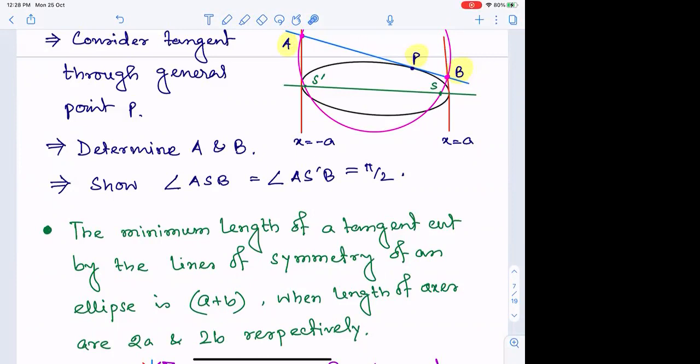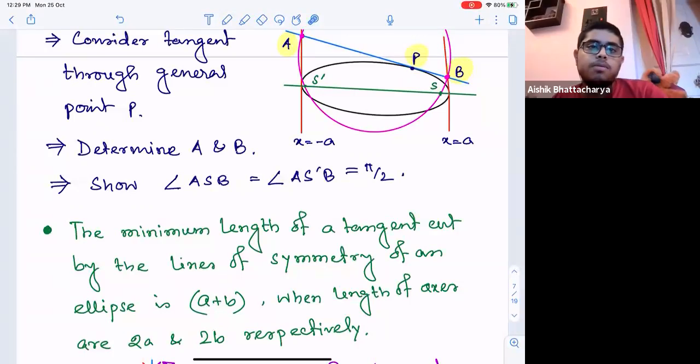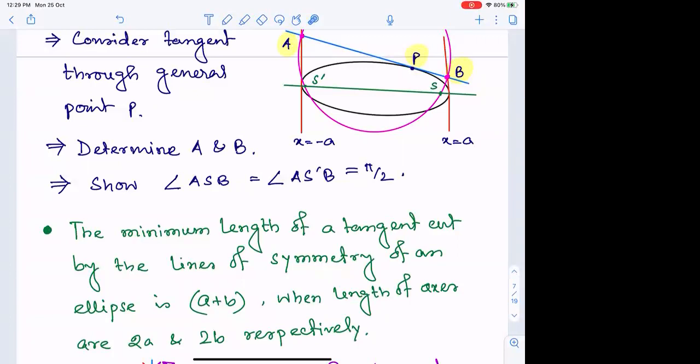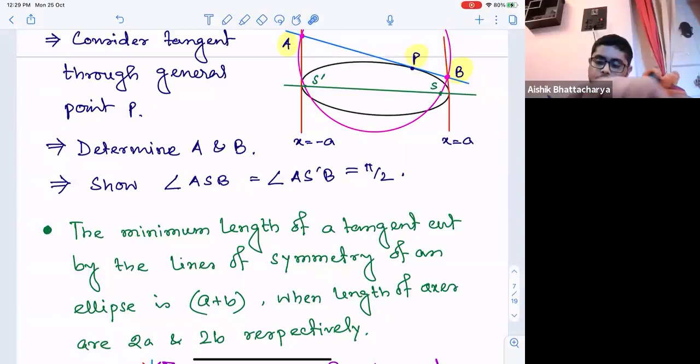Moreover, can we identify the major axis length for this ellipse by the description? Is it 2a or is it 2b? Is that confirmed by the description? No, sir, it can be either of those. That means we are getting this result true for both variations.